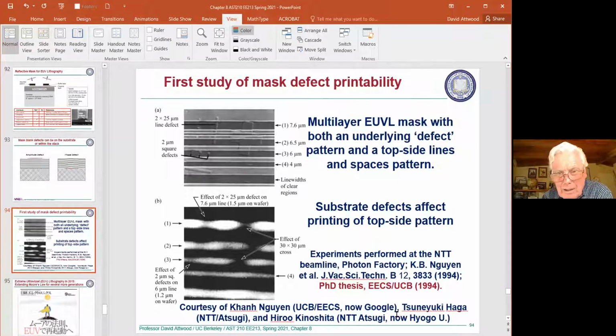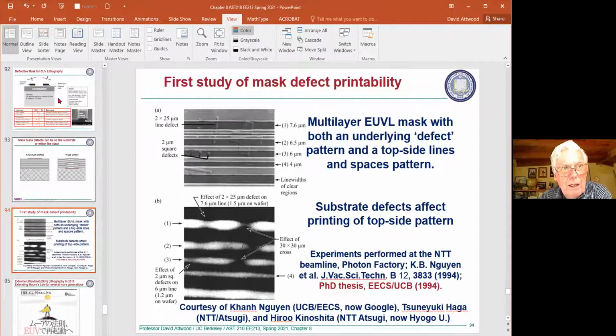And it was done with that same Hiro Kinoshita, who was at NTT at the time, and his colleague, Tsuneyuki Haga. So the two of them had a beamline that would allow these EUV experiments at the so-called photon factory in Japan. And Con and I went there, and Con did these experiments.